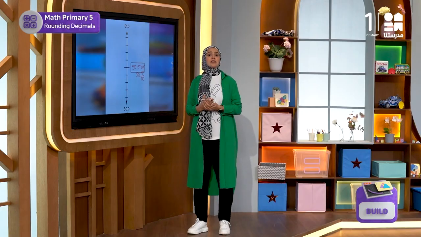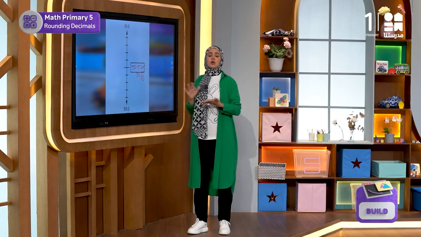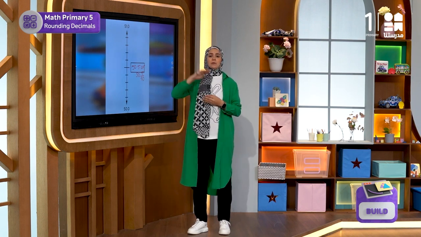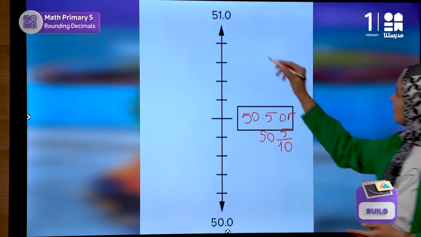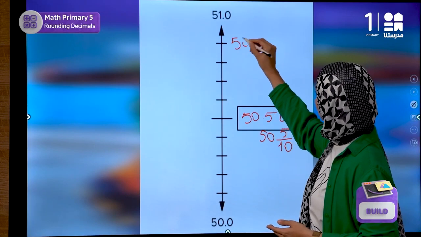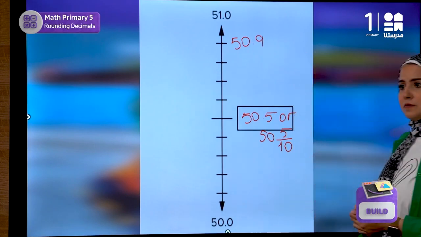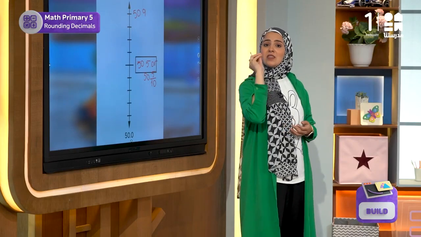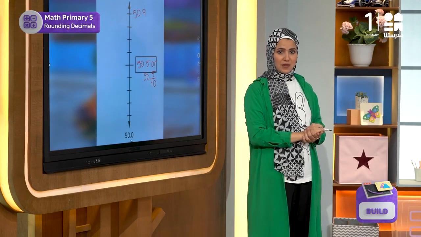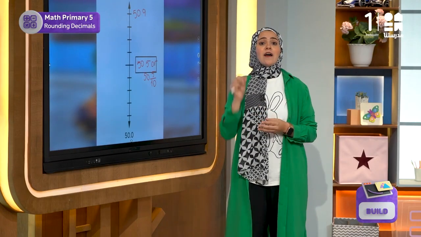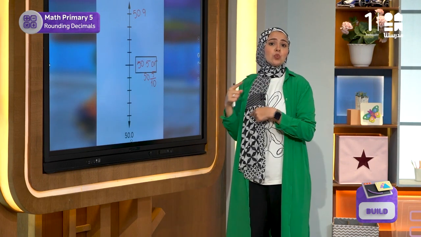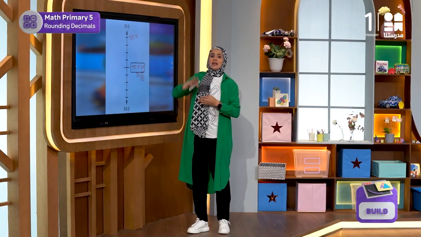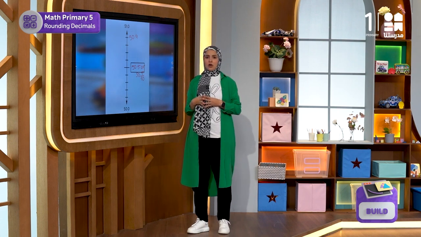Now we will write the number 50.9 on the number line, which will be placed 1 mark below 51.0. All right, how can we check that it is in the place that is assigned for it? It's better to count from 50.0 and add 1/10 every time until we write all the numbers that represent each mark on the line.